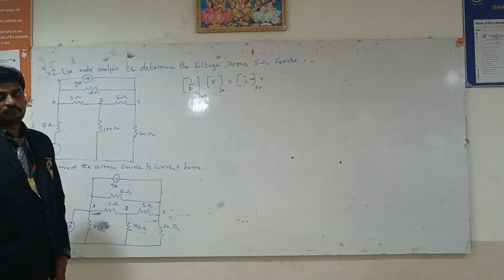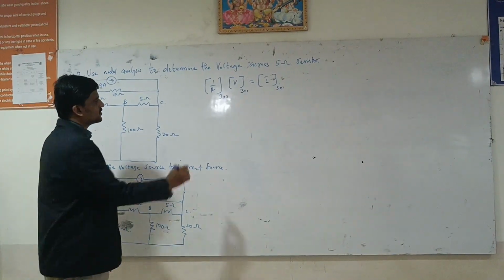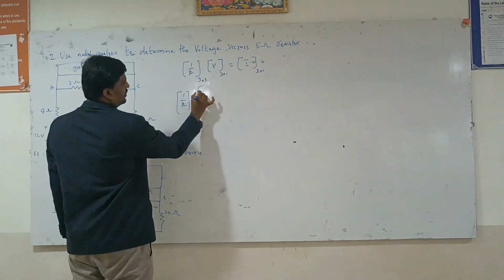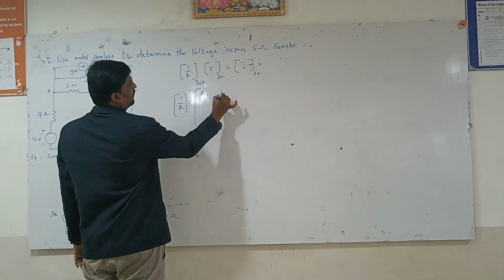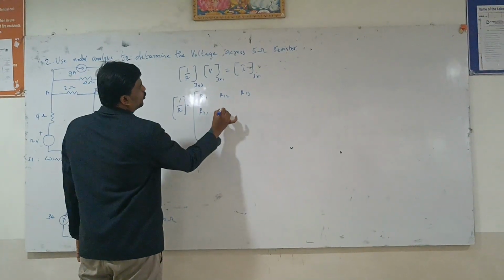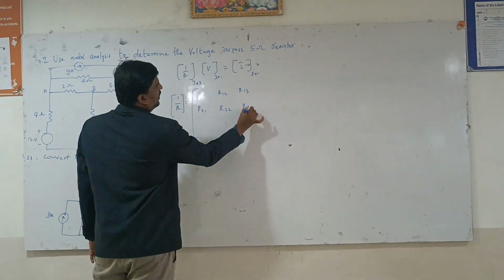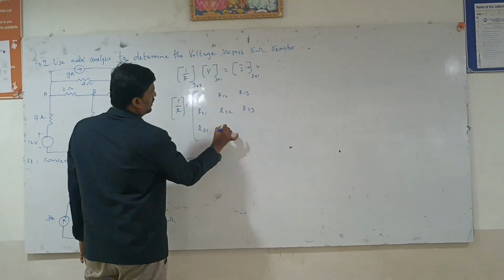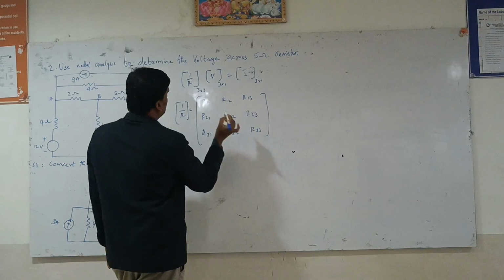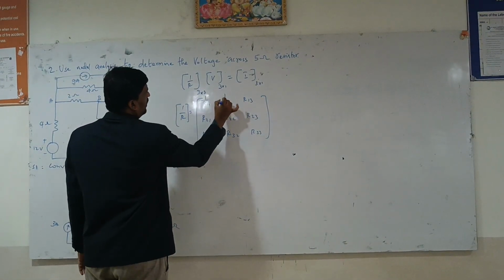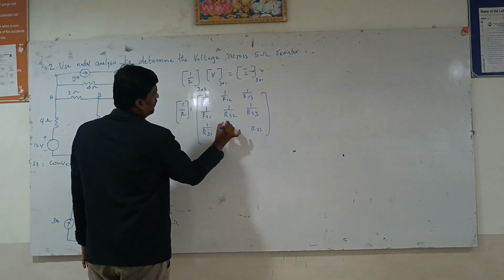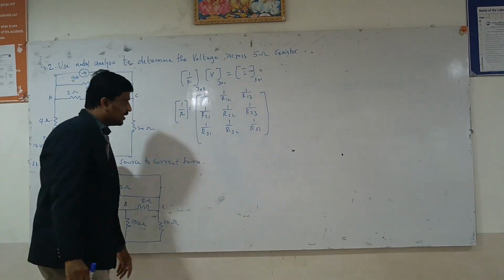So we have to find the value for 1 by R. The value for 1 by R, which is a 3 cross 3 matrix, consists of R11, R12, R13, R21, R22, R23, R31, R32, R33. These are the values for R. We have to find out the reciprocal of all the resistances.